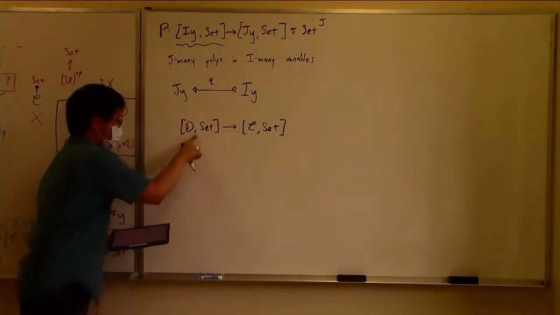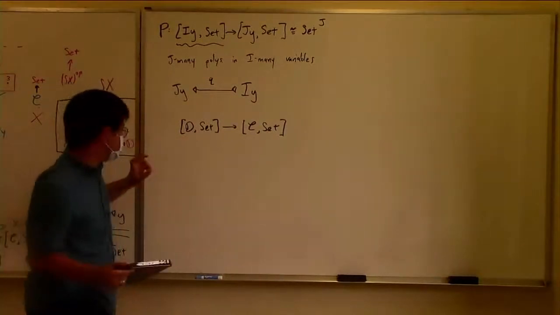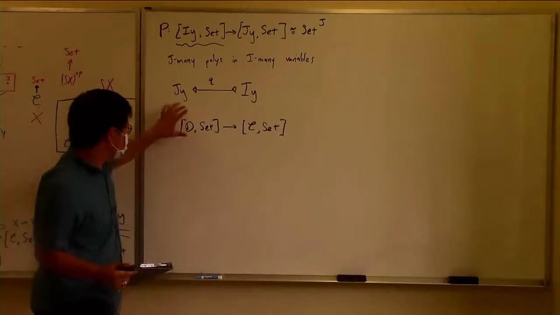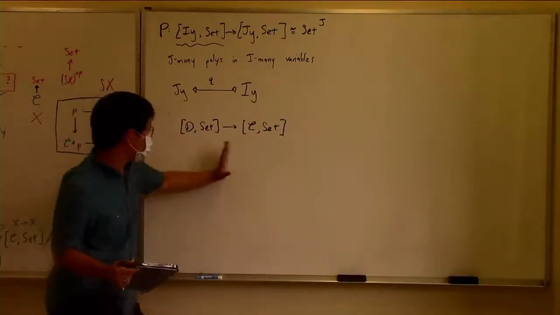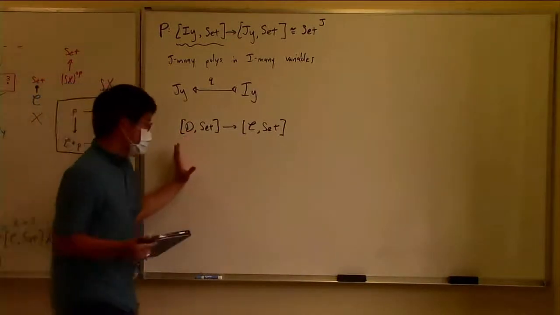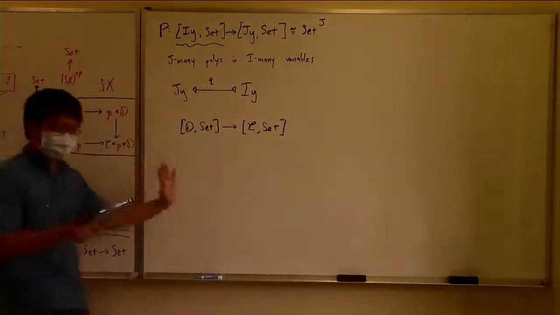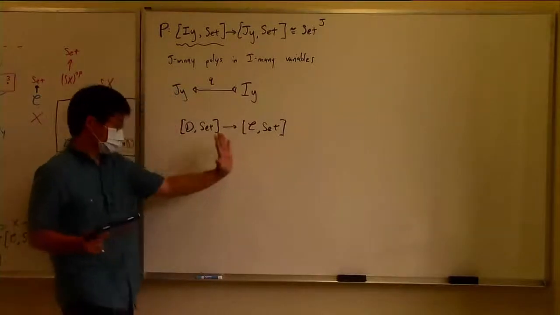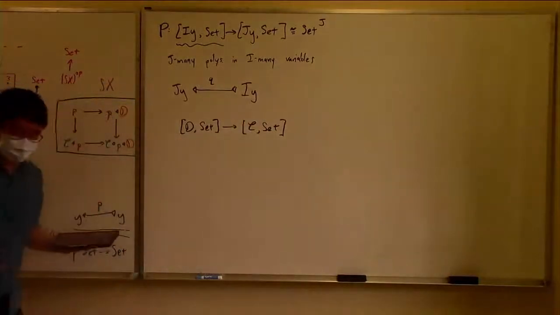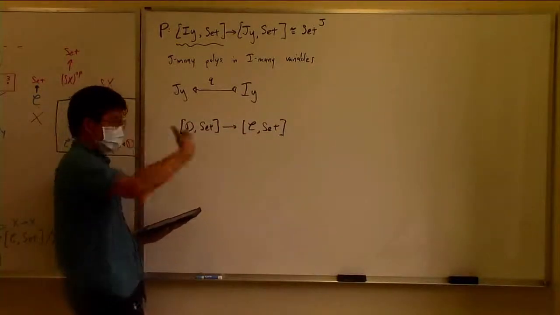But we can think of functors from D to set as database instances on a database schema given by a category D. And what this functor does, we can think of it as a way of taking a database instance on some schema D and turning it into a database instance on some new schema C. It's some way of transforming a particular set of data. And this particular transformation is the kind we want, in that it preserves connected limits, especially, namely, pullbacks.